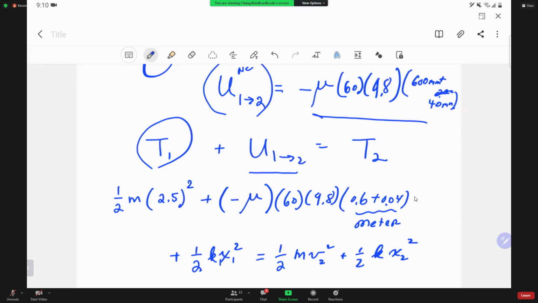We don't have any mgh terms, the position has not changed.